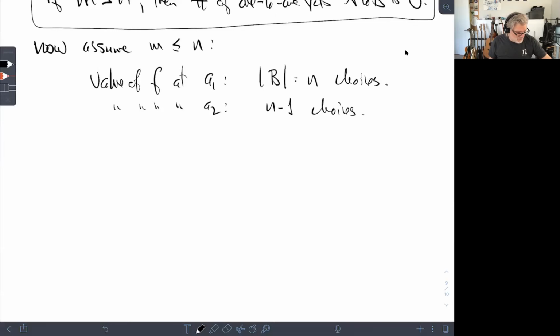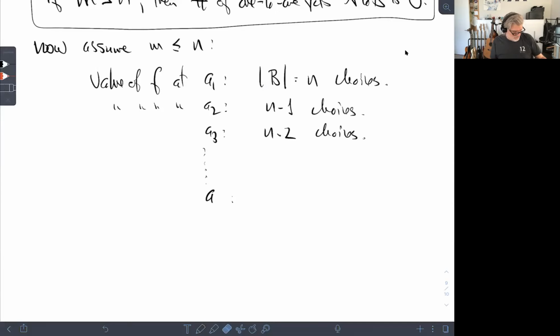So I move on to the next one. Now I'm not allowed to use any of those two first values that I used, so it's n minus 2 choices left. And I keep on going until I reach AM.